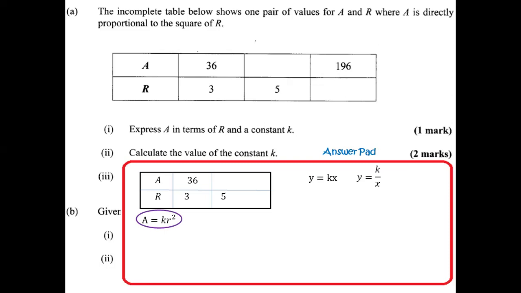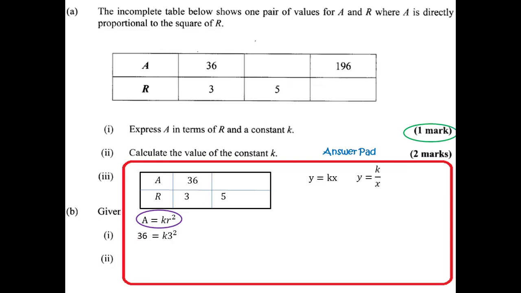So given that, everything else in this question is forthcoming. So A is equal to KR squared. And we have a complete pair, right? 36 and 3. And what we do here is just put 36, that's the A value. The K value we don't know, but we know that R is 3.